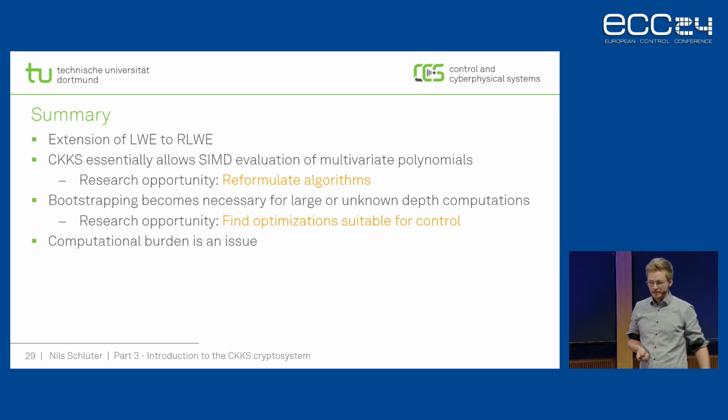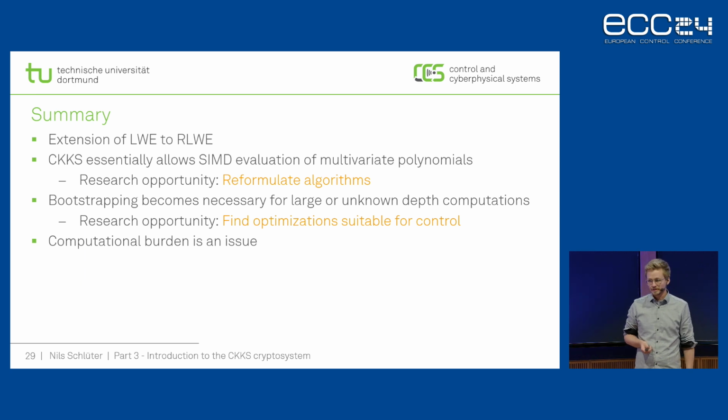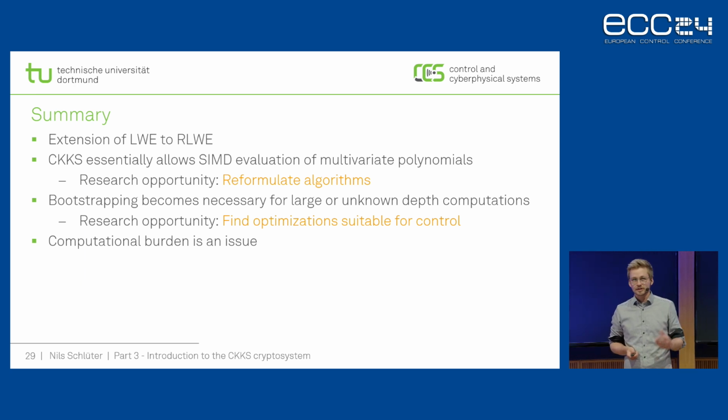And let me briefly summarize this talk. We have seen at the very beginning an extension of LWE to ring LWE, which gives us the efficiency and the reduced time complexity and space complexity, which is required in order to achieve better runtimes. CKKS essentially allows you to compute on SIMD evaluation of multivariate polynomials.